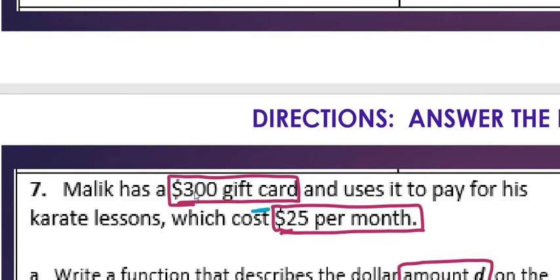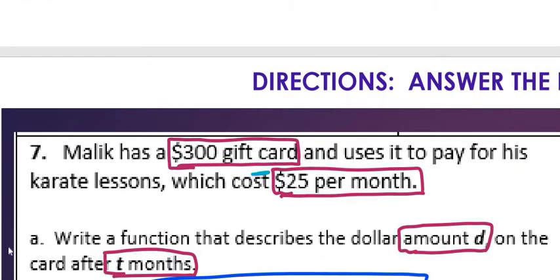Now, if you started at $300 and you spend $25 a month, that's going to be a negative 25 because your rate of change, your slope, is negative 25 per month, and the per is going to be your variable x. You're going to have to look at this first one. It says to write a function that describes the dollar amount D on the card after T months.